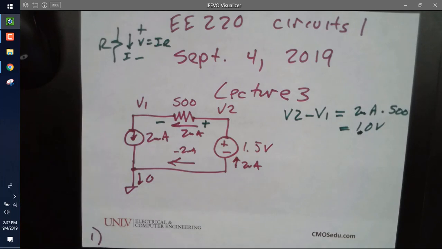Any questions? So in terms of V2, I'm going to bore you, and I want to bore you because I want everybody to get it. In terms of V2 and V1, what is the voltage across the resistor? V2 minus V1. Now, what is V2? How do you know?